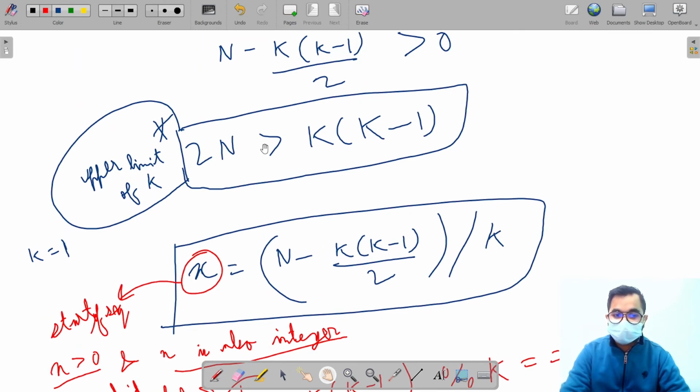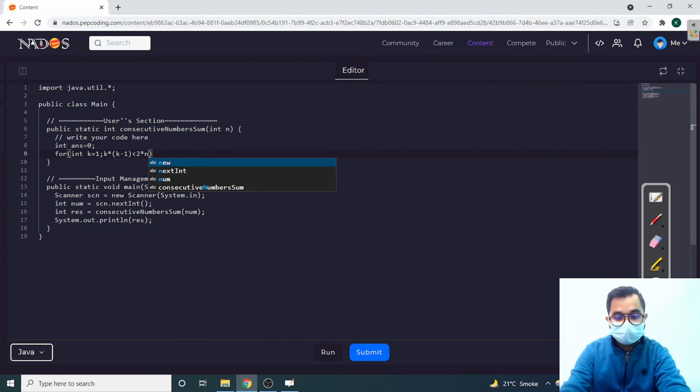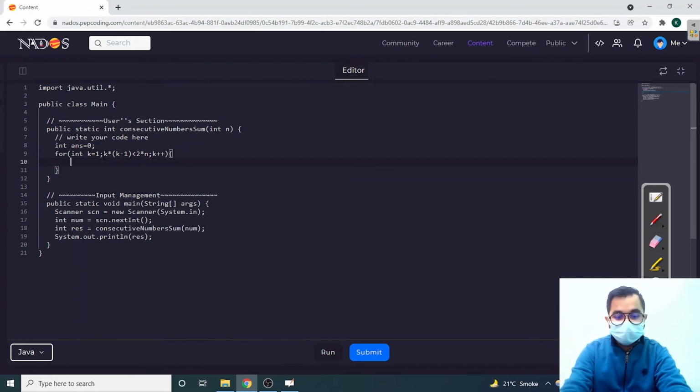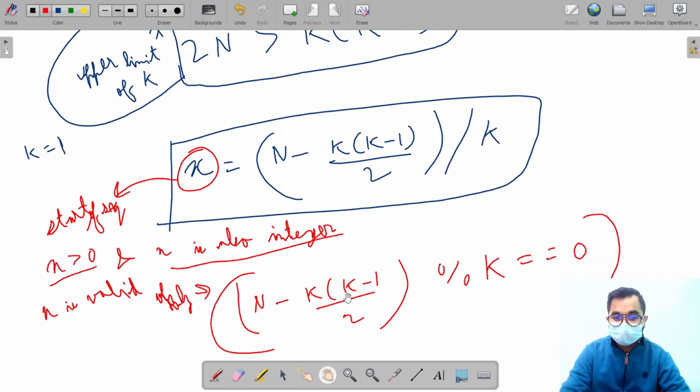1 is less than 2 times n. Okay, k plus plus. Now we just need to check if our numerator of x is divisible by k or not.